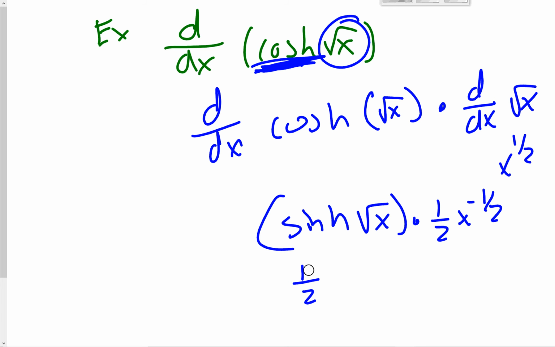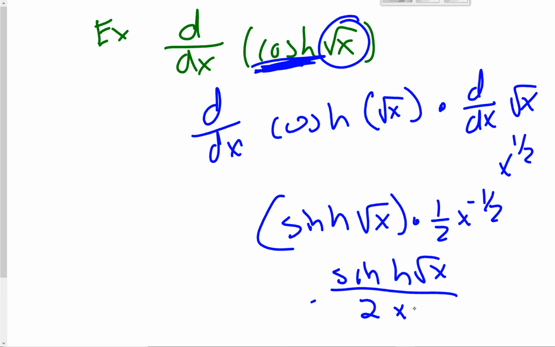So you could simplify this a little more with maybe something like this, all over 2 times the square root of x, like that. All right, so now I'll go ahead and call it good. But yeah, anytime it's other than just x in here, you're going to have to do chain rule, and you're used to that.